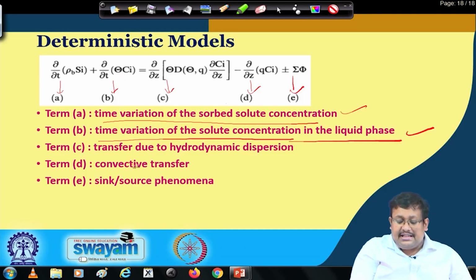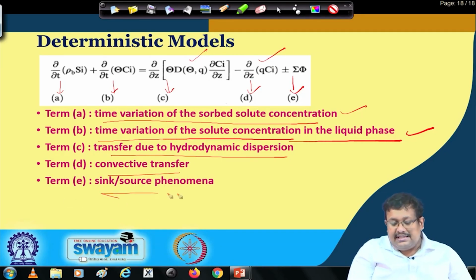Now, term C shows transfer due to hydrodynamic dispersion, term D is convective transfer, and term E is the sink source phenomena.